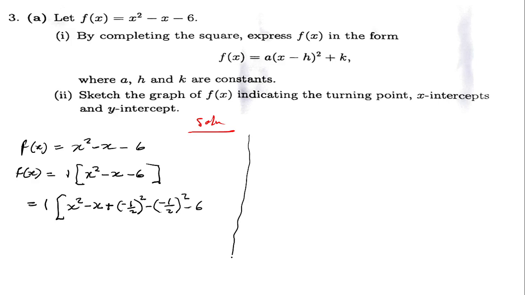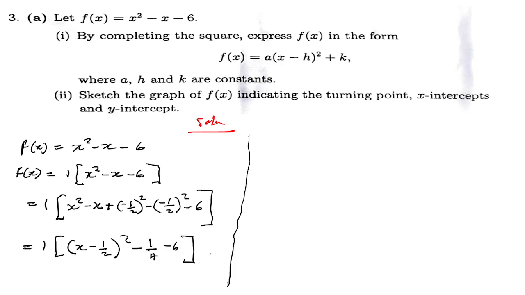I've explained this much in the Math 1120 tutorial class, where I was solving a 2023 exam paper. So from here, I'll write my 1 there, then I'll make the first part x minus half squared, and then there it will be minus half squared, that is 1 over 4, minus 6.